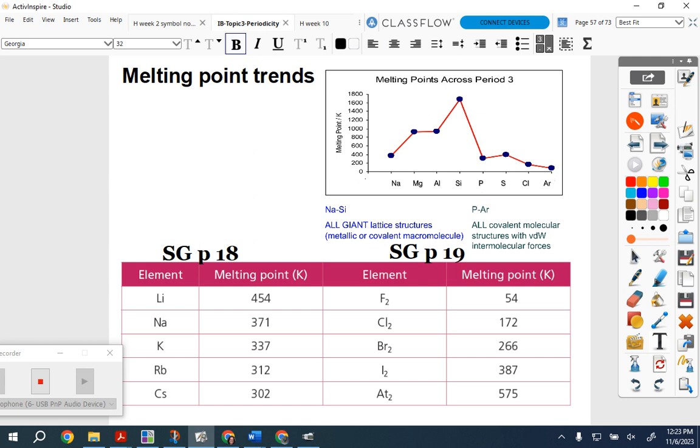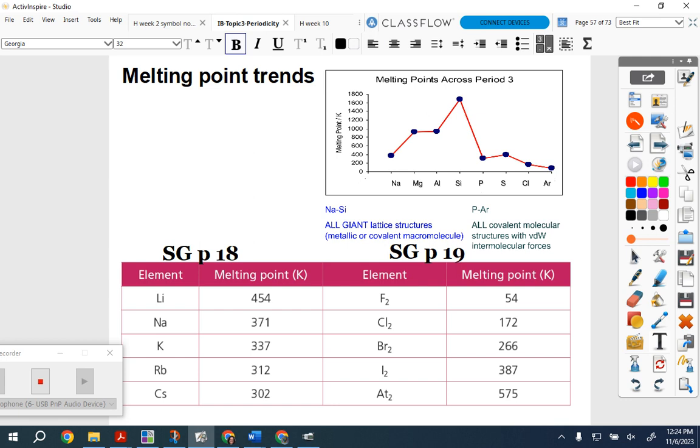Okay? And then we're also going to talk about going down a group on different sides of the table, because of the different types of bonding, the effects of going down a group, of getting larger atoms, is going to be different when we're talking about metals versus nonmetals.